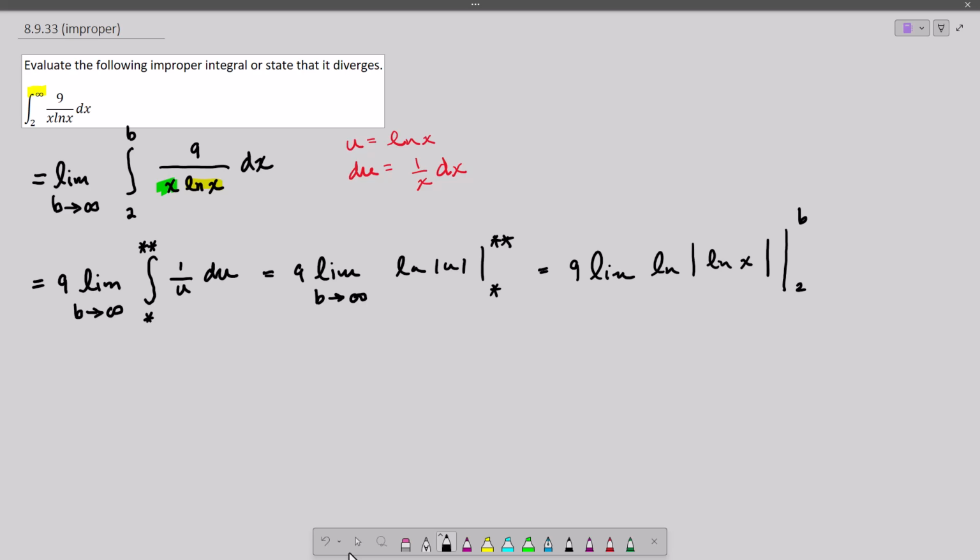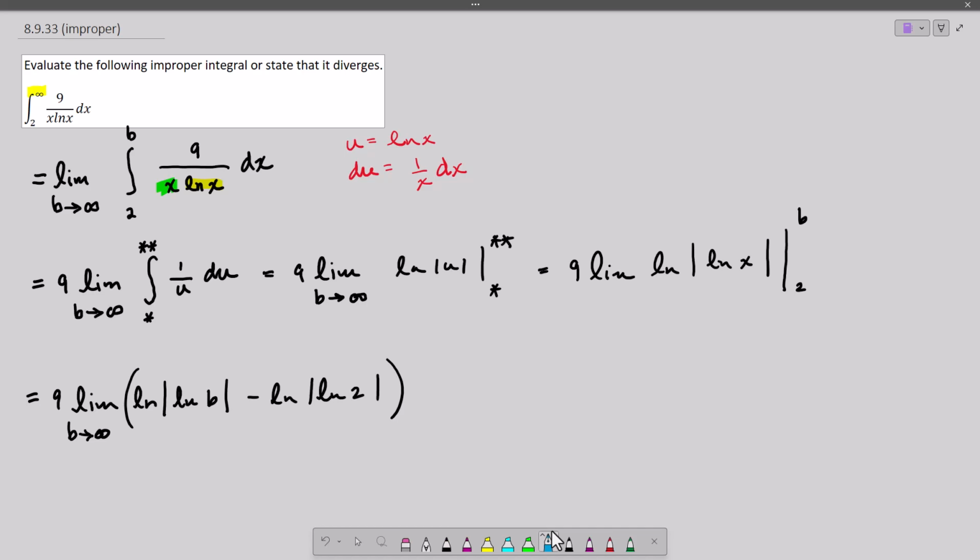So this gives us 9 limit natural log of natural log of b minus natural log of natural log of 2. And we don't technically need those absolute value bars because we have positive numbers in there, but it's okay to leave those. And this limit is as b goes to infinity.